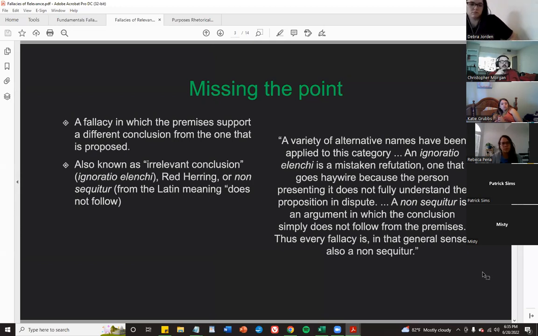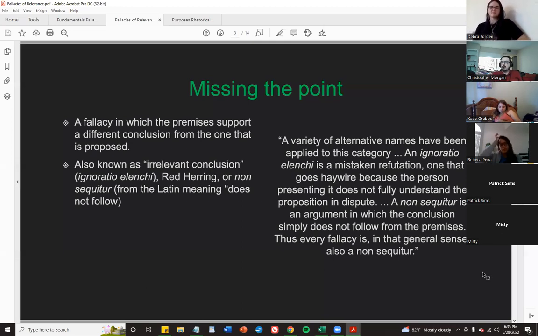It's also known as the irrelevant conclusion or the ignoratio elenchi, the red herring fallacy sometimes. Like if you ever watched the old Scooby-Doo show, when they were kids, there was always a character named Red Herring, and Fred always thought Red Herring was the villain, but Red Herring was literally never the villain, right? He was just a red herring, right?